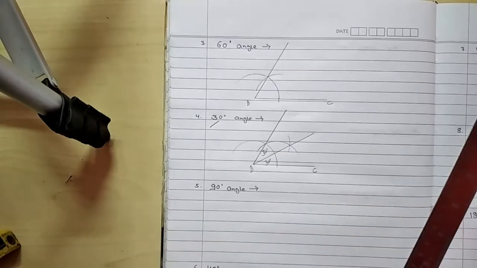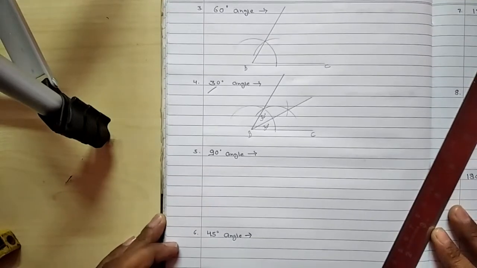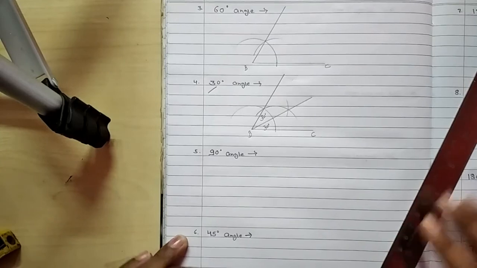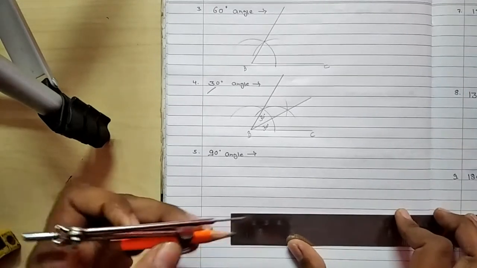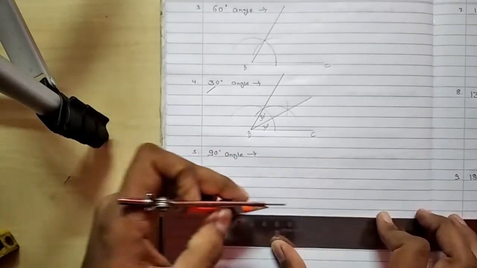Okay. Now after that, I will tell you how to draw the 90 degree angle. Okay, so first of all, we will draw a line segment of any measurement.